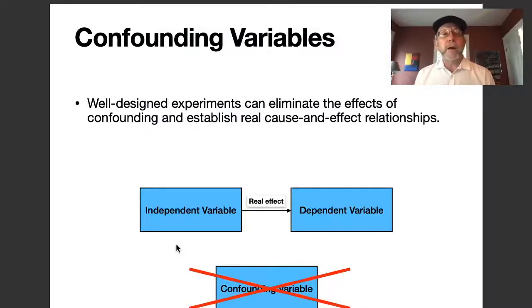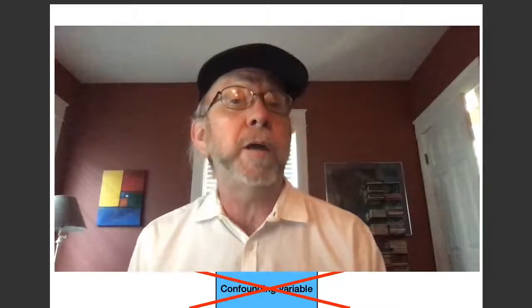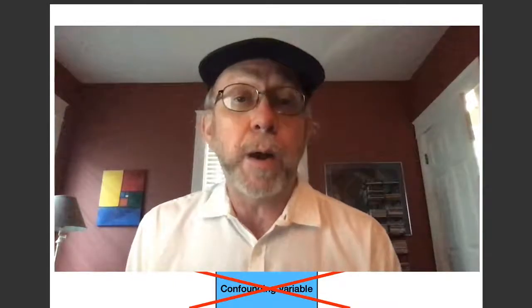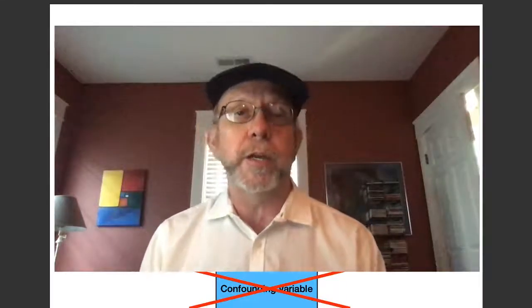One of the great advantages of experiments over observational studies is that well-designed experiments can eliminate the effects of confounding and establish real cause and effect relationships. I have to emphasize that this is the case even if the experiment doesn't explicitly identify all possible confounding variables, which can be an impossible task because there's an infinite number of things that could be influencing your study.